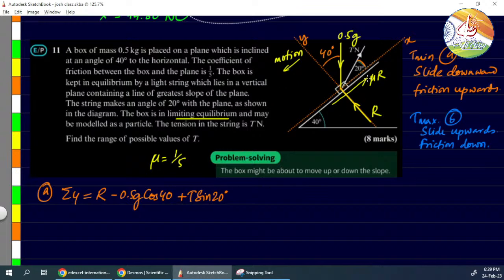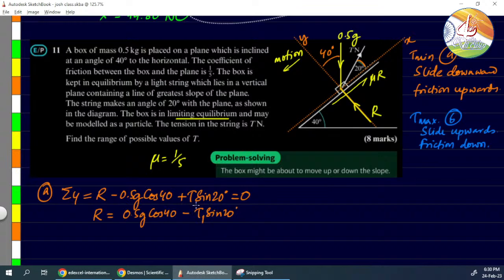And the remaining force, that is friction, is parallel to x-axis. It won't have any y component. So let's find the equation for R. That will be 0.5 g cos 40 minus T sine 20.